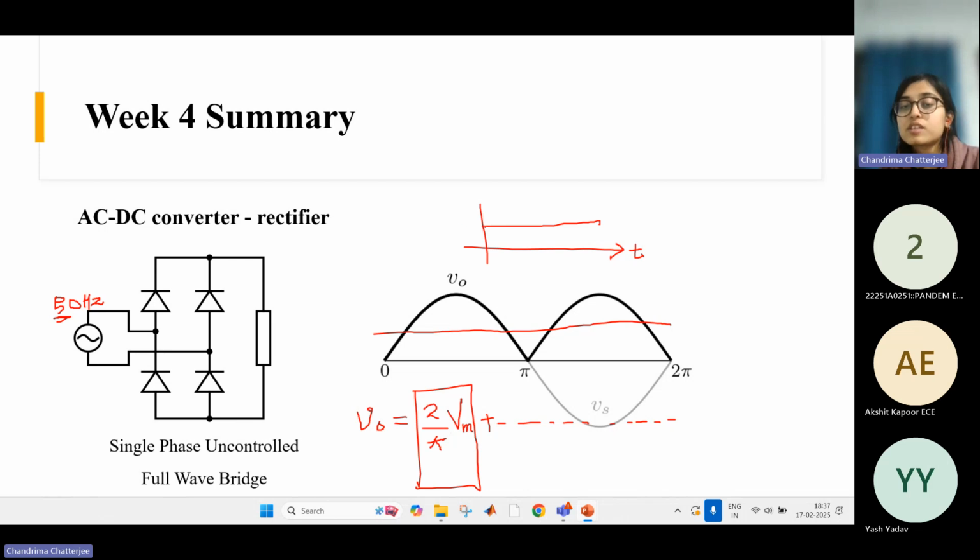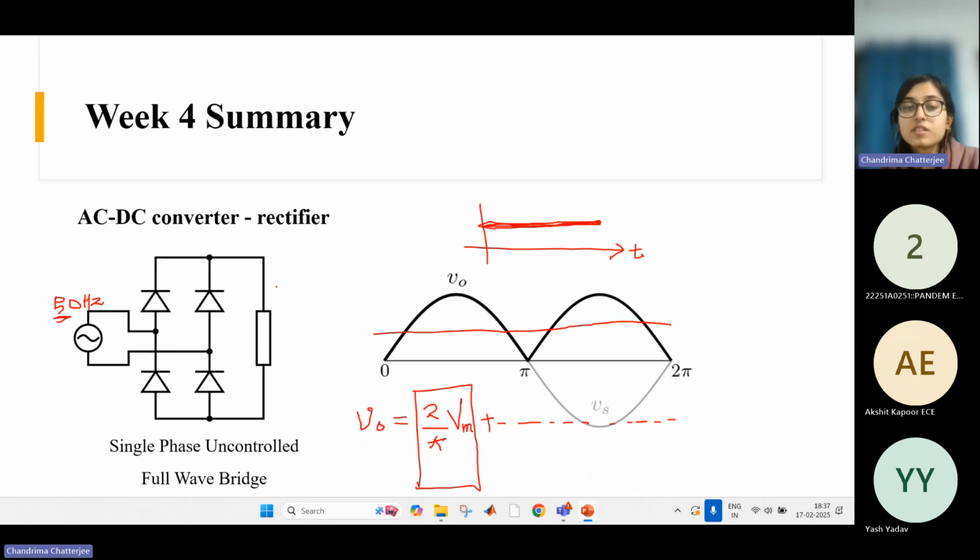Stiff DC means a pure DC, a very stiff DC voltage. There will not be much pulsation that the load can withstand. We have to design our converters based on our load requirements. So there may be a load which doesn't allow this kind of voltage pulsation. There we need to have a constant DC.